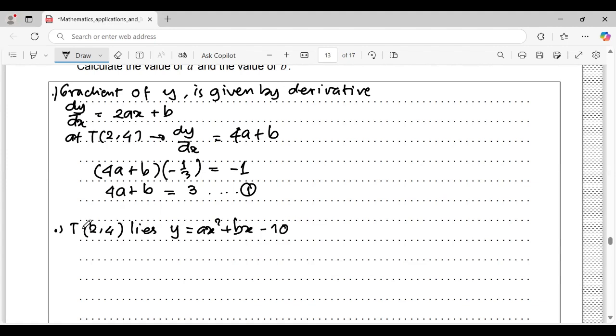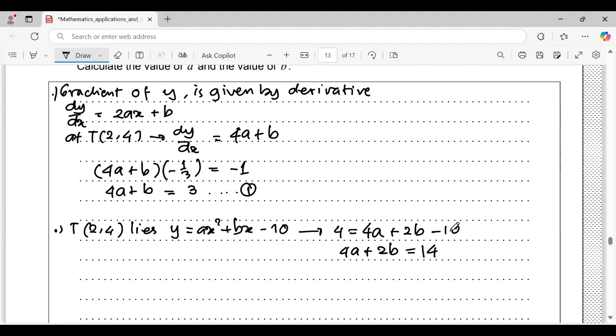It means if we substitute 2, 4, 2 is x, 4 is y, into this equation, it becomes 4 equal 4a plus 2b minus 10, or if minus 10 moves here, becomes 4a plus 2b equal 14.